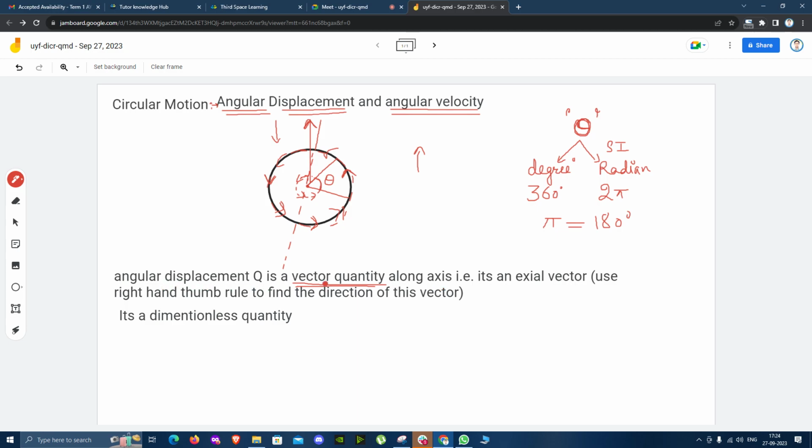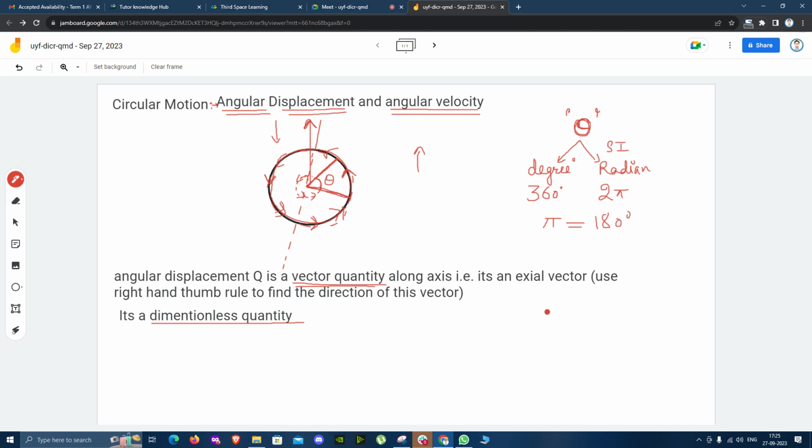And angular displacement is actually our axial vector. It's a dimensionless quantity. In the circle, we see the angular displacement, and we see the linear displacement as our person covering the circumference. Let's find out how it relates to the simple displacement.